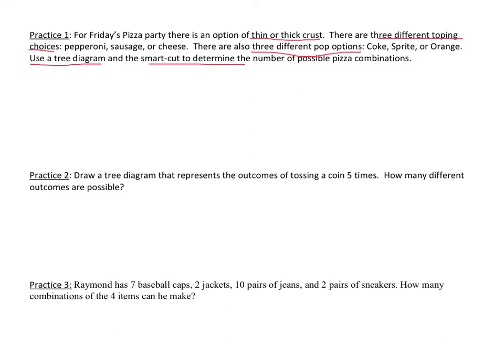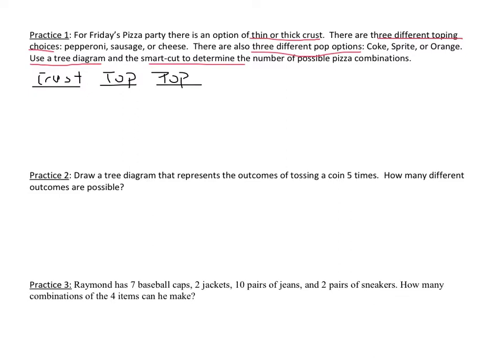I'm going to do the tree diagram first because I want you to see how the smart cut works and why it's more efficient. The tree diagram takes us a long time, so the smart cut is a little bit more efficient, right? So we have 3 different things happening. I'm first going to list out my categories. We have crust, we have toppings, and we have soda or pop to choose from.